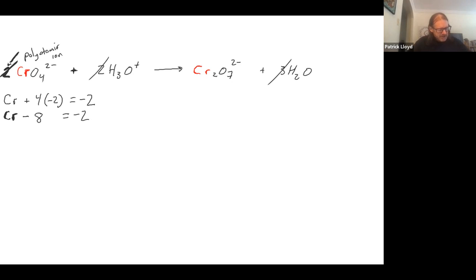Add 8 to both sides. Why am I adding 8 to both sides? Because I have -8 on the left side, and -8 plus 8 is 0. So that leaves me with the chromium. -2 plus 8 is +6. Remember, don't forget the plus, or it's incorrect. So here it's +6. This is called, by the way, chromium-6.